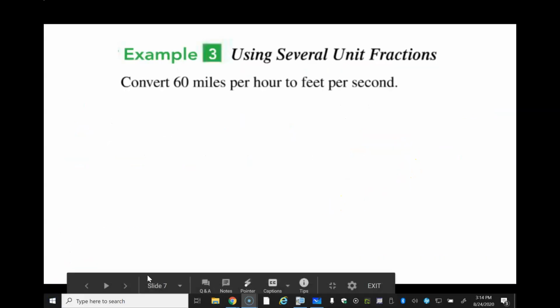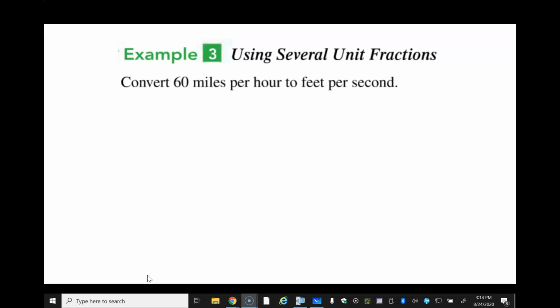So we have 60 miles per hour, and we want to convert it to feet per second. So go ahead and write 60 miles per hour, and then write feet per second.